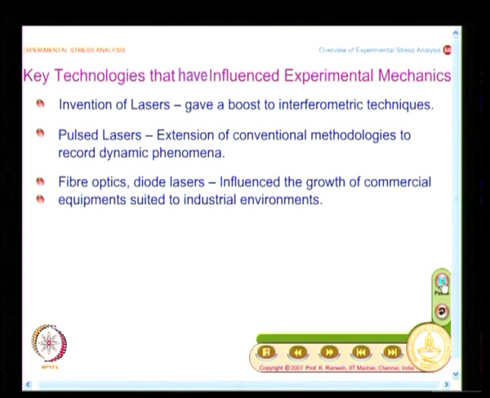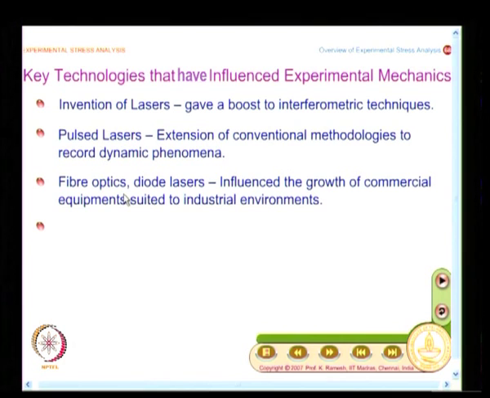Then right now, you have very sleek equipment, and fiber optics has done the trick. I can have a light source and take the light where I want through the fiber and then go into my illumination. In a hazardous environment where I cannot go near, suppose I want to test a pressure vessel, I cannot go near the pressure vessel and test it, I have to stay away behind a barrier, and I want illumination, I can use fiber optics to do that. And you have plenty of laser printers around, they all use diode lasers.